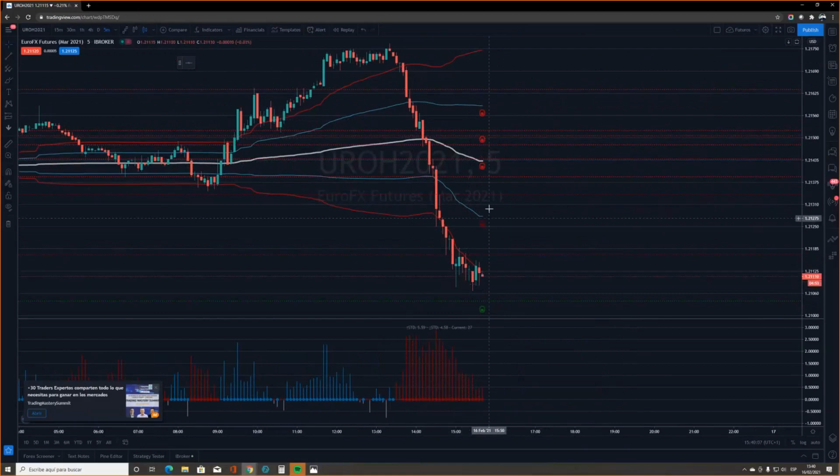And we can expect the market to come back to these areas and then continue the down movement, or just go on the upside. We don't know that, but this indicator actually helps a lot to find those areas. If you are not into more detailed things, this can really help you.